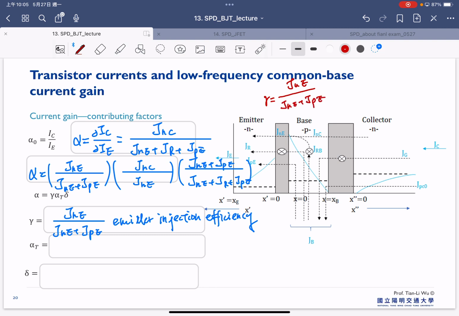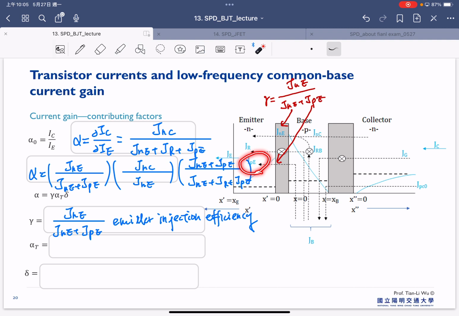So in here we consider this is JNE and this is JPE. We consider how much JNE can flow from the emitter to the base over the overall current here, which is JNE plus JPE.